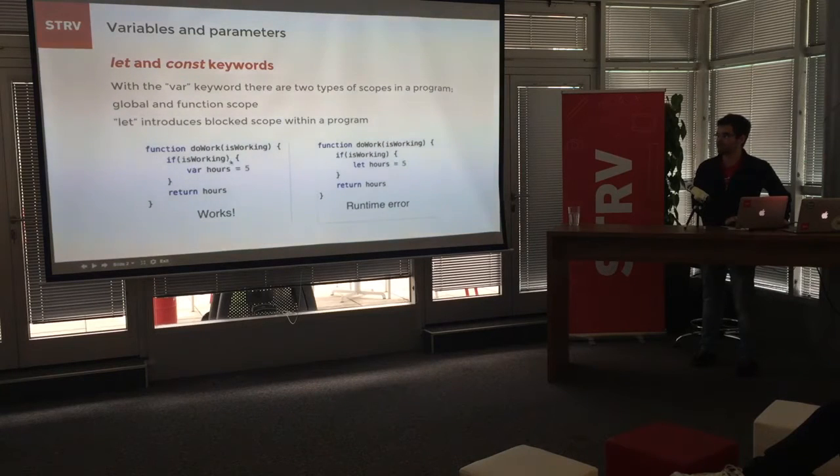So it doesn't understand that it's in a different block. Because what JavaScript does, it hoists the variable on top of the function. And then when the assignment comes, it just assigns it and returns it. If this was false, it will return undefined.